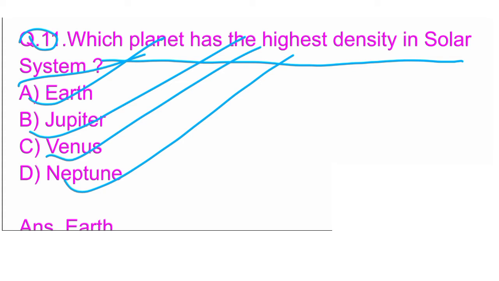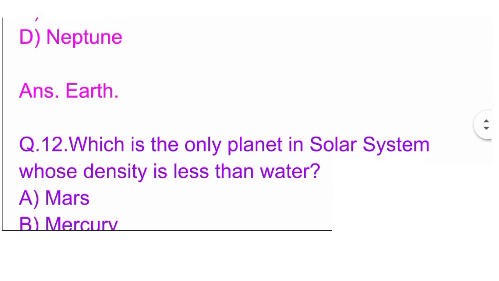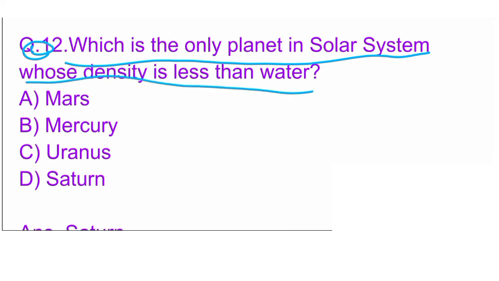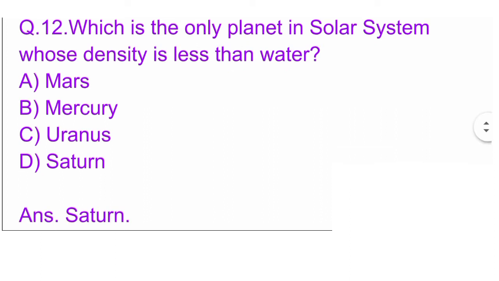Question number 12: which is the only planet in the solar system whose density is less than water? Option A, Mars; B, Mercury; C, Uranus; D, Saturn. The correct option is D, Saturn.